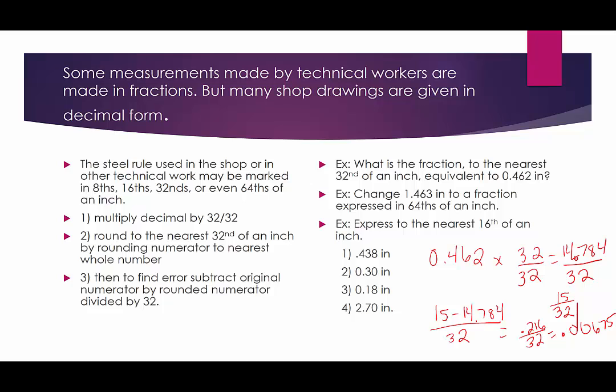You usually round this to the nearest 10,000ths of an inch. So there's tenths, hundredths, thousandths, ten-thousandths. So right here, we're going to round this to 0.0068. Therefore, the error involved in using this is 68 10,000ths of an inch.